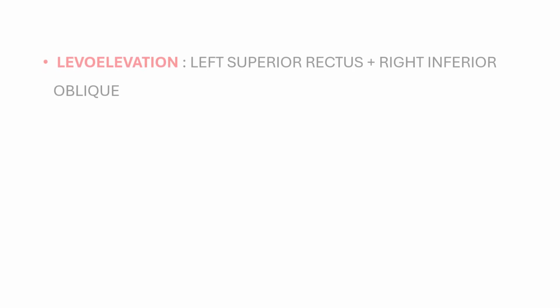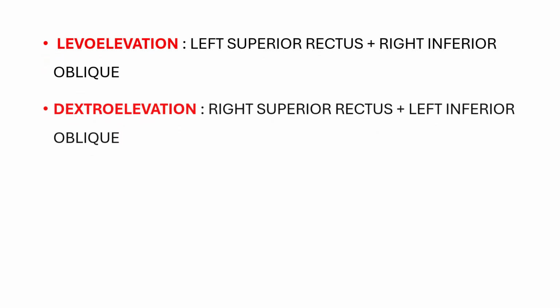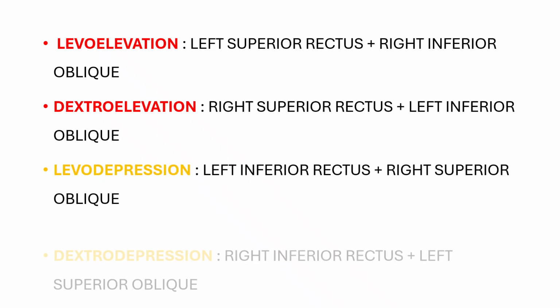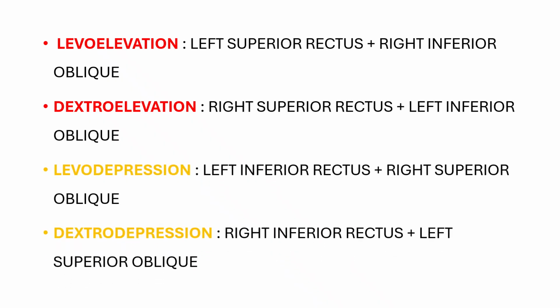Here we'll discuss levo elevation, dextro elevation, levo depression, dextro depression. These are basically version movements. Levo means left, dextro means right. So for levo elevation, the movement of the eye is to the left side, with elevation. The left eye does it by the superior rectus, where elevation is the primary function of the rectus.